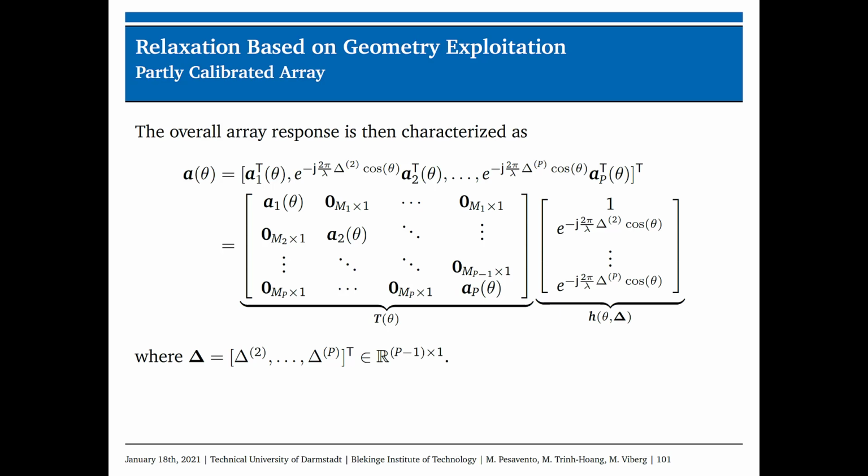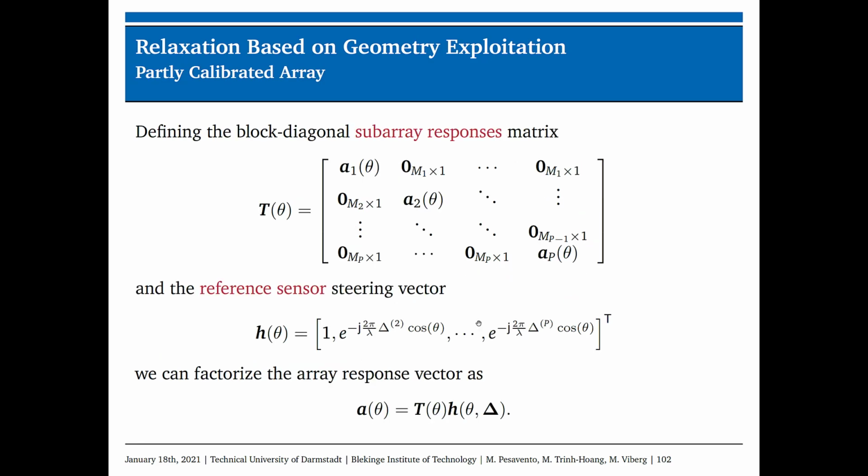Again, we define T of theta as a block diagonal matrix containing all subarray responses. This matrix only depends on the directions of one source, and it does not depend on the subarray displacements delta.